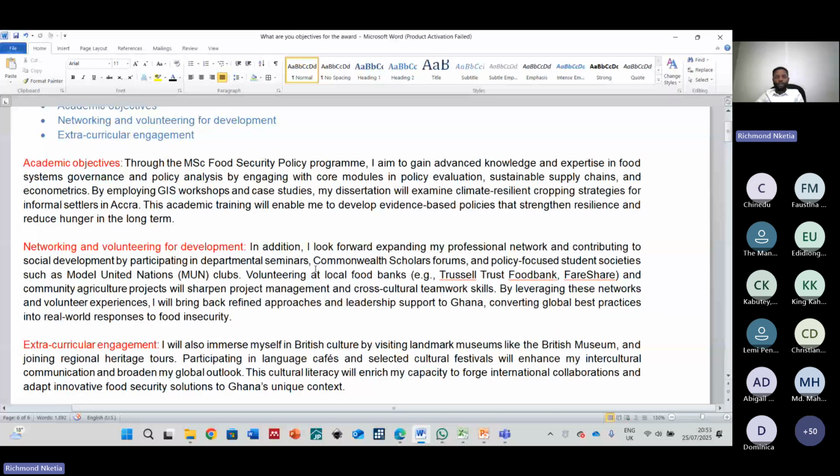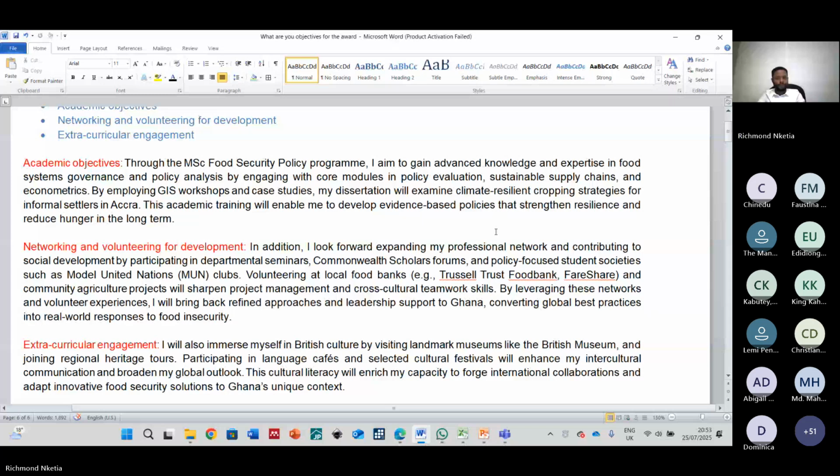Yes. So things you need to mention are the skills you hope to gain, but more importantly, transferable skills. Transferable skills means skills that you gain from here, which you can send back home and use to address the issue you want to address.